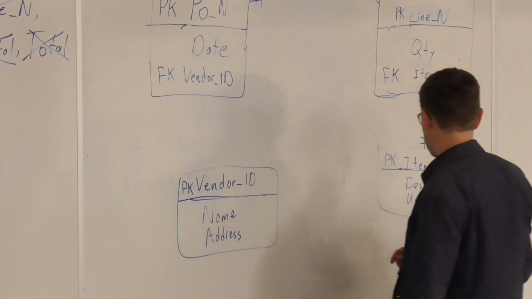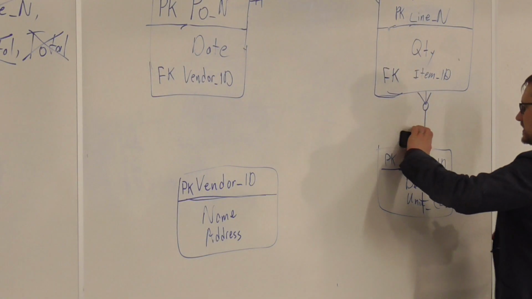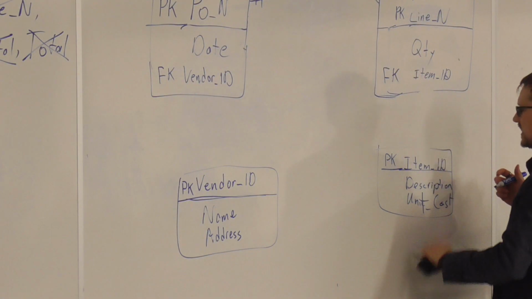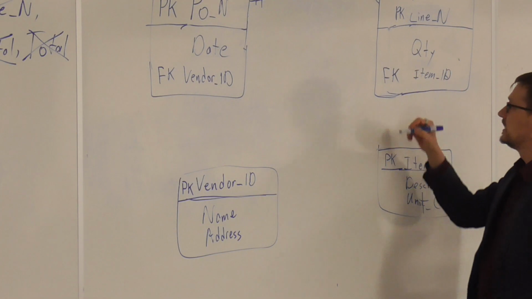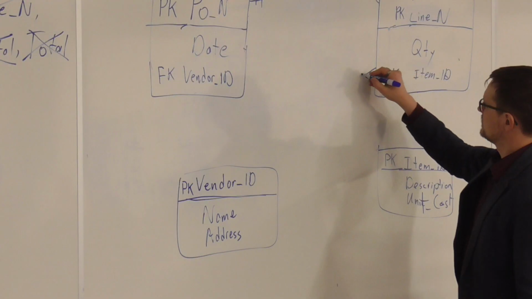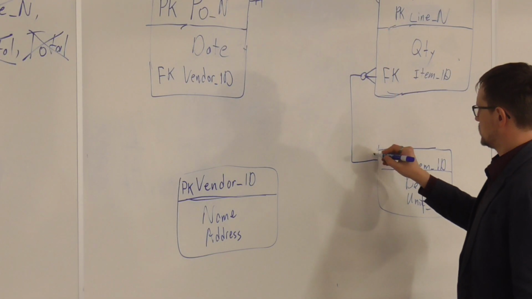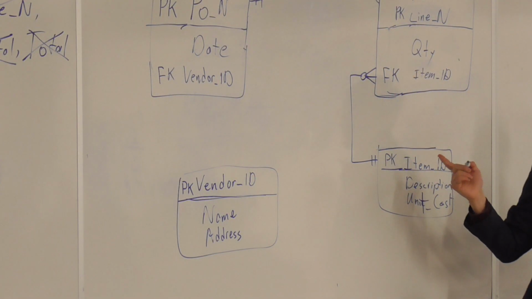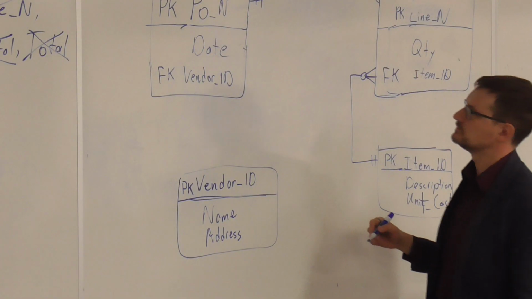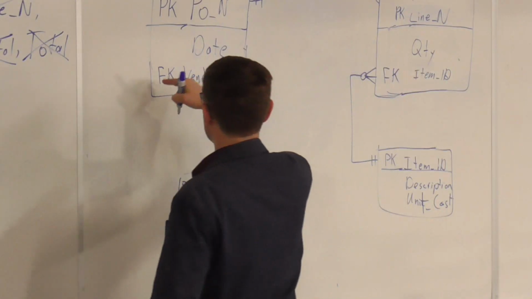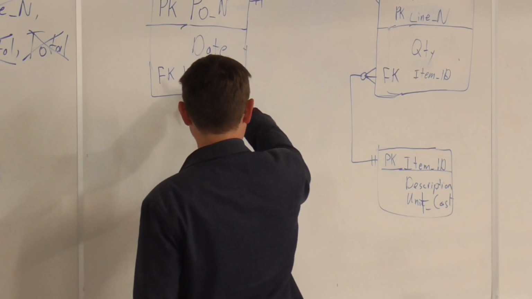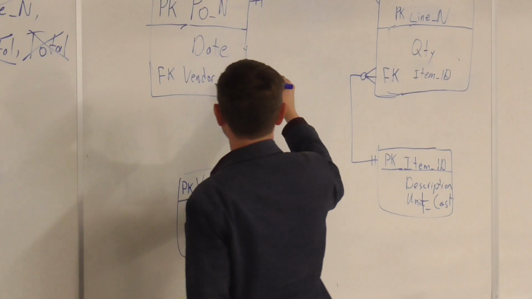If you want to be super fancy about it, you do it so that it's not coming out of the bottom of the diagram, but clicking into the line in the table, like this. That's the fancy way of doing it. Foreign key, vendor ID, there's the primary key.